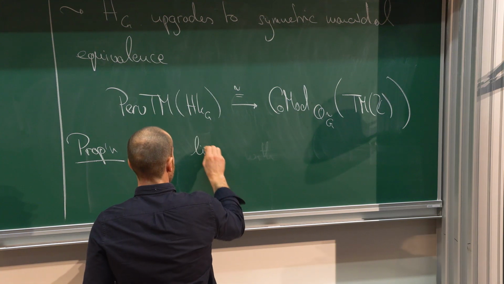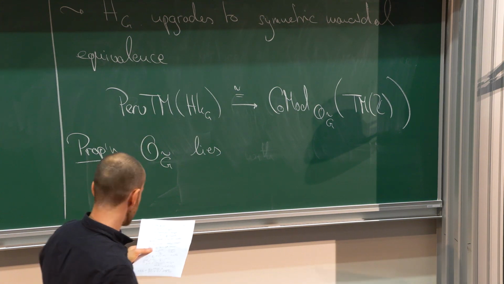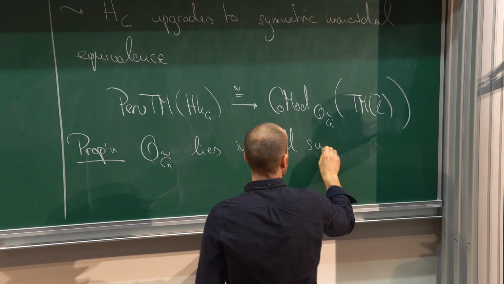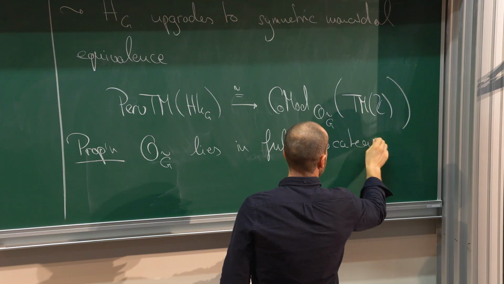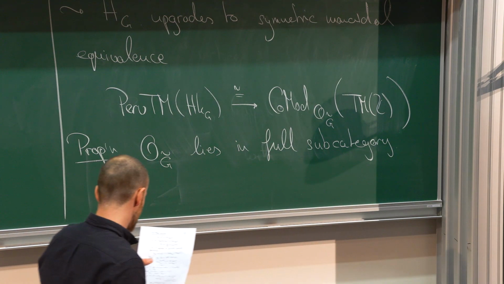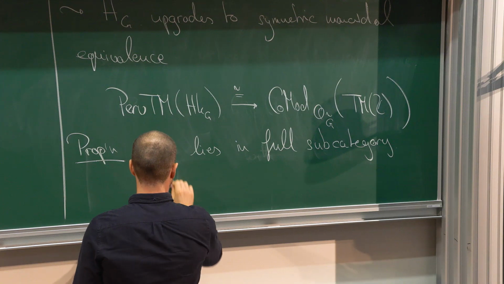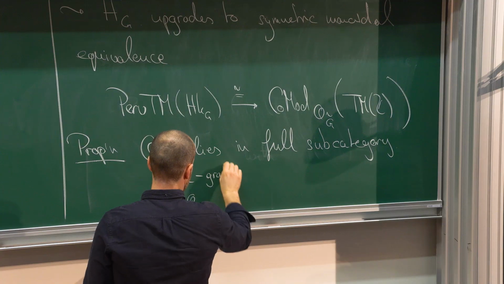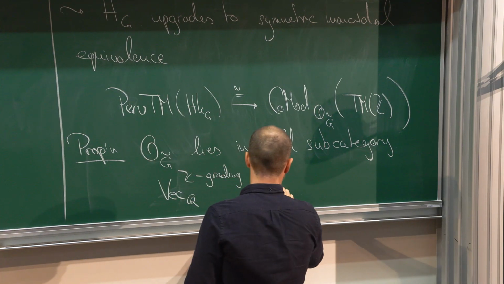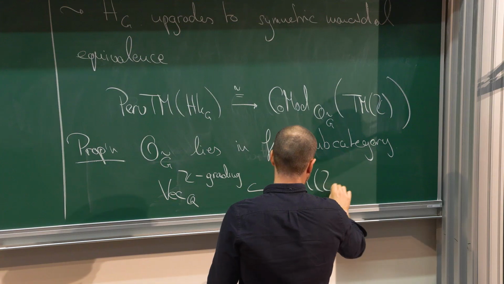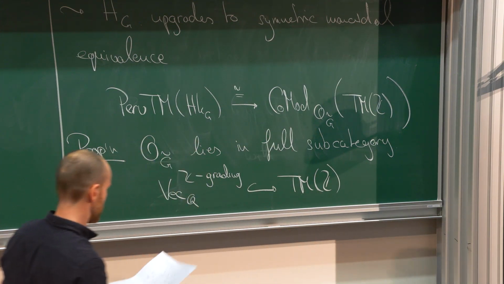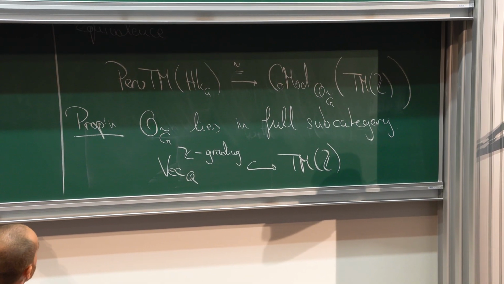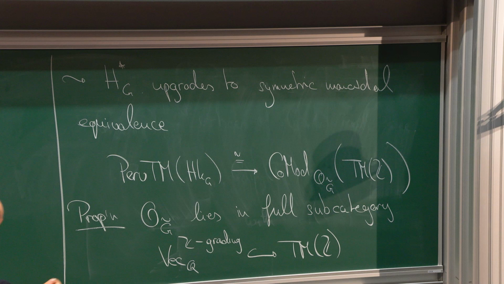And the way to say it is that this G tilde lies in the full subcategory, which is just, in this case, Z-graded Q-vector spaces. Let me write it on the board here.